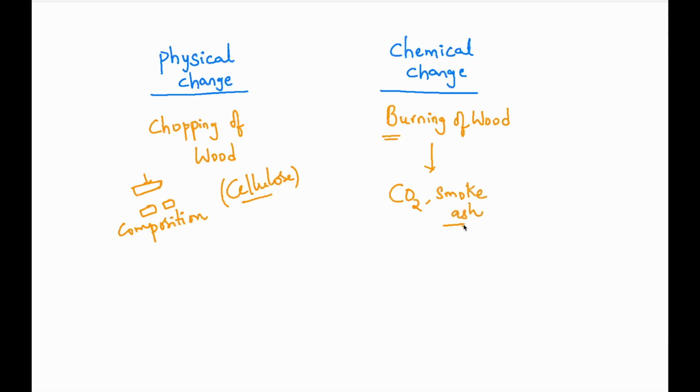This is basically a chemical reaction because the components in wood are being broken down to release a gas called carbon dioxide. The molecular composition has changed, and that's why burning of wood becomes a chemical change, while chopping of wood into smaller pieces is only considered a physical change.